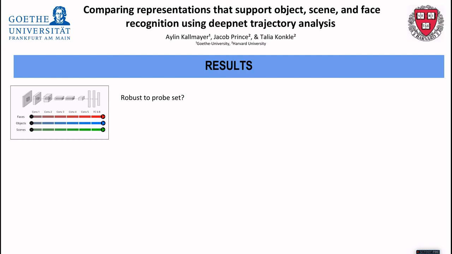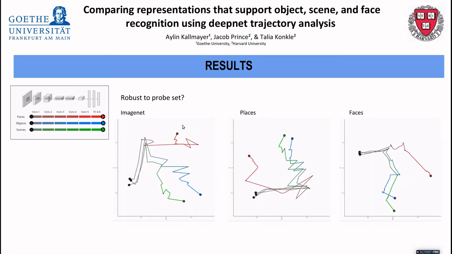So we did the same process again, and this time we used 3 different kinds of test sets, one with only objects, one with only scenes, and one with only faces. You can see that this is very similar to the results that we got for the mixed test set. For the places and faces, we can see that the main takeaways stay the same. However, there's some slight rotation, which doesn't really matter because the axes in MDS aren't fixed.